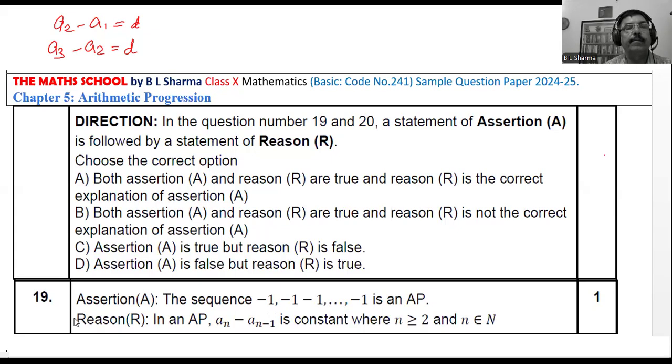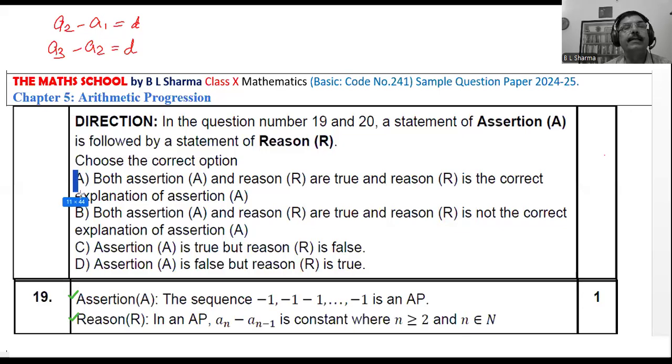This is correct. And now for this, the sequence minus 1, minus 1, minus 1, minus 1 is in AP. Yes, because the common difference is 0, 0, 0, 0, 0. So that is also correct. It means A is the correct option. And what is A here?